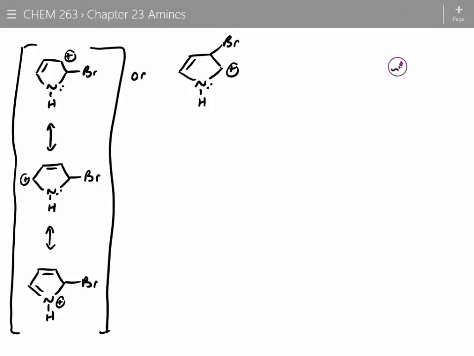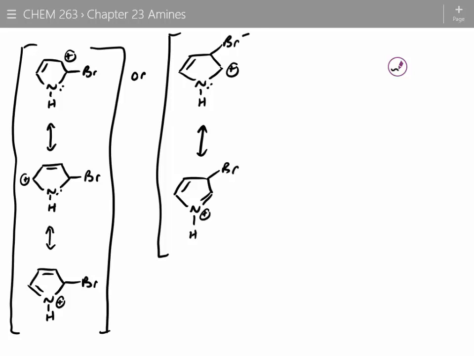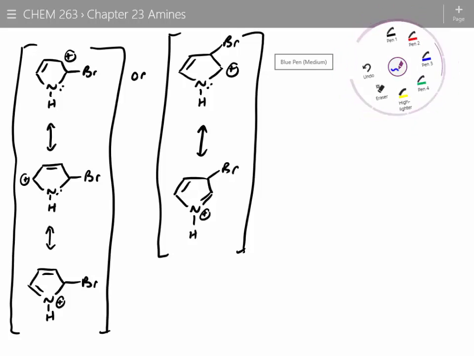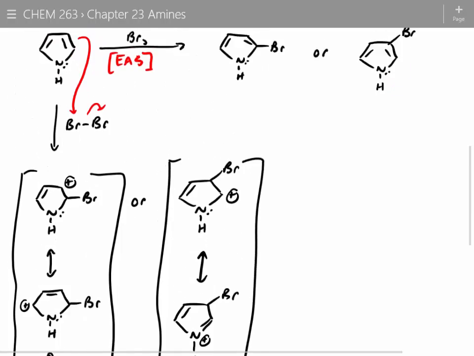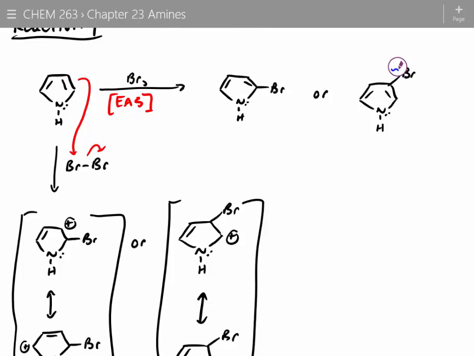Or for this one, you could have these two. So on first glance, you would say the one on the right's the more stable one, right? But if you draw out all of the resonance structures, this one is more stable, which means that it's going to be the preferred intermediate, which means that this is going to be your only product. And this one's not observed.